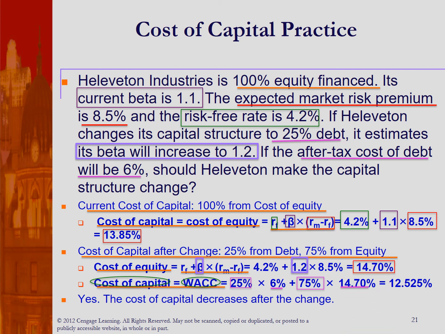After calculation, we obtain that the cost of capital after the capital structure change is 12.525%. The cost of capital decreases from 13.85% to 12.525% after the capital structure change. Therefore, the firm should make the capital structure change.